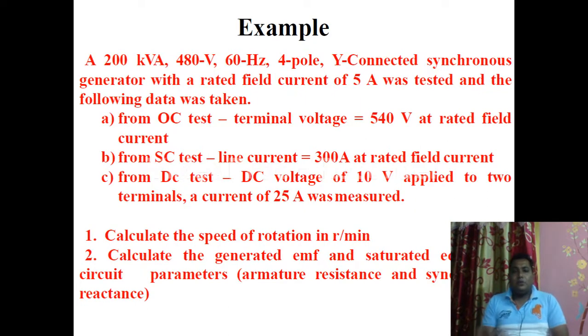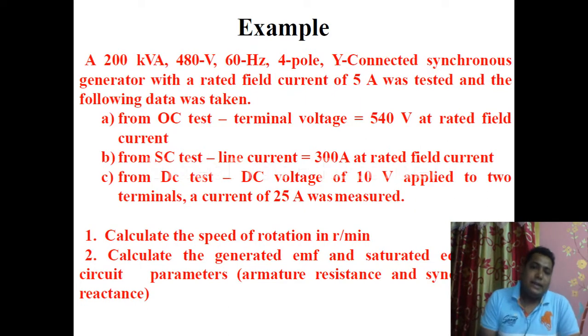Coming to the next, we are now going to solve a particular problem, so that whatever concept we have covered will be very clear to you. What is told in the problem? A 200 kVA, 480 volt, 60 hertz, 4 pole, Y connected synchronous generator with a rated field current of 5 ampere was tested.